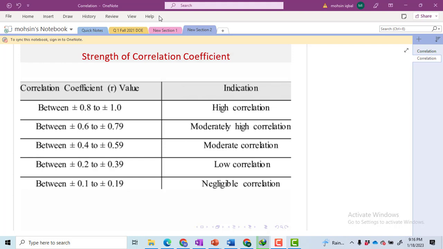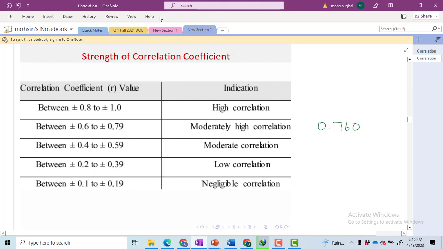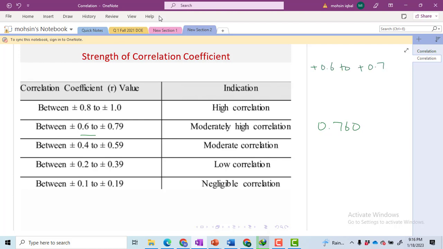So our correlation was 0.760, and this correlation lies in this range from 0.6 to 0.79. Please do not get confused by this minus and plus symbol. It means that the range is from plus 0.6 to plus 0.79 if you have a positive correlation, and if we talk about a negative correlation, then it will be from minus 0.6 to minus 0.79.